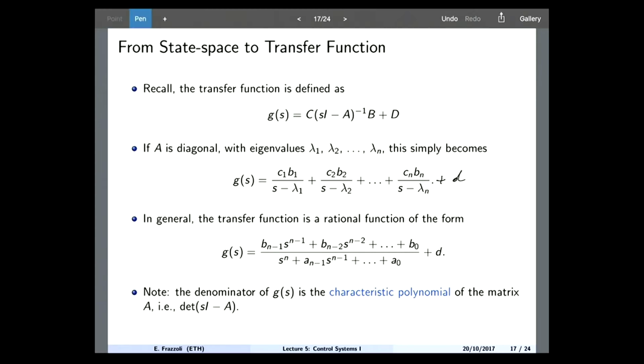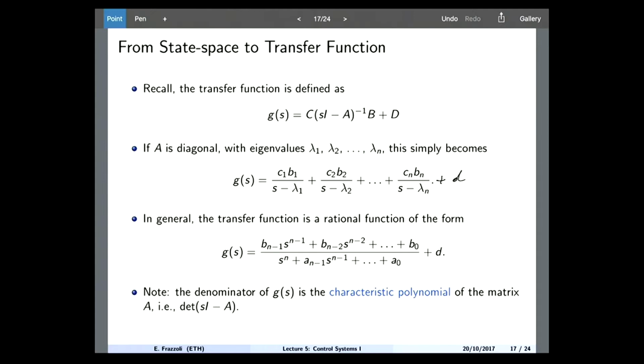Okay. When you compute, you pre-multiply by C, you post-multiply by B. At the end of the day, each one of these diagonal terms will be multiplied by one of the entries in C, and one of the entries in B. Okay? And then you will have all these terms, and then you will have the D term.